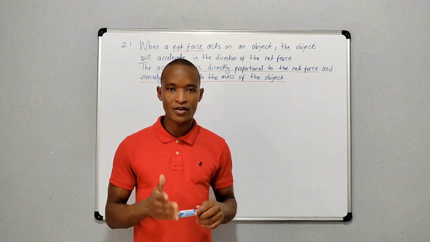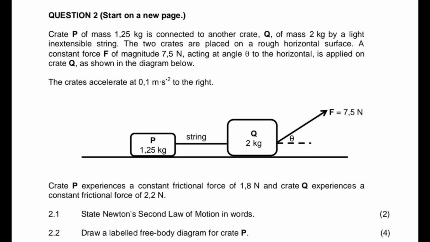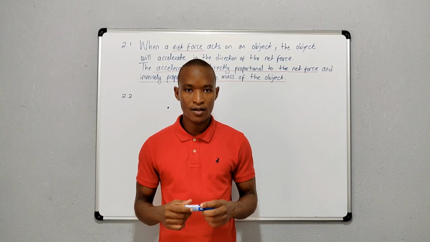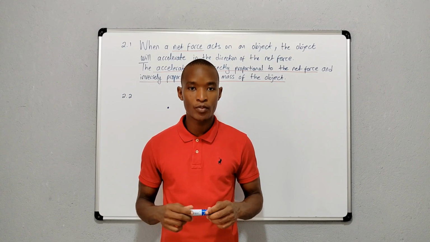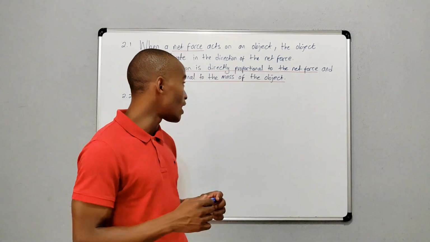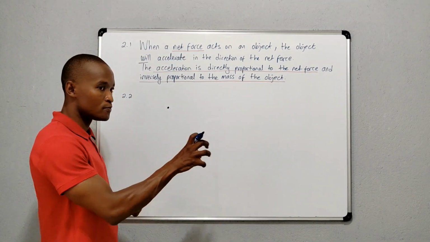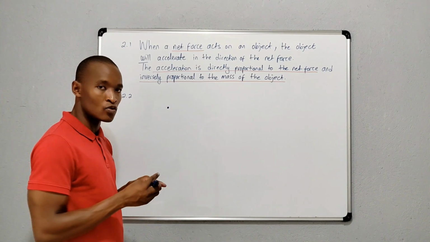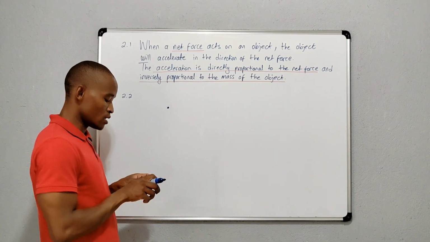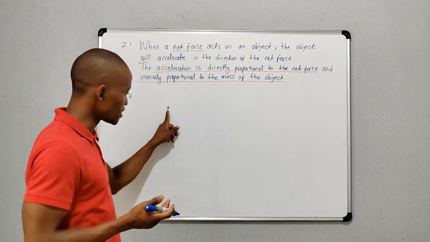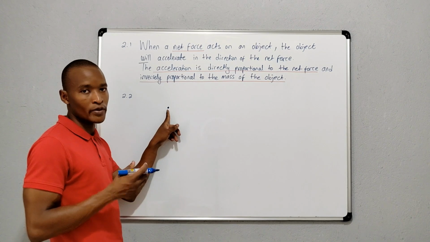Let's remind ourselves how it looks. 2.2 is asking us to draw a free body diagram for crate P. Now, you need to free the body from the system and ensure that you only focus on that body, called P in this case. We usually replace the body with a dot or with a block.